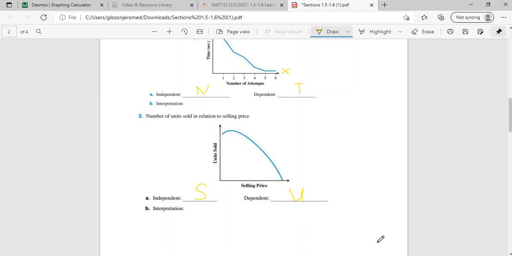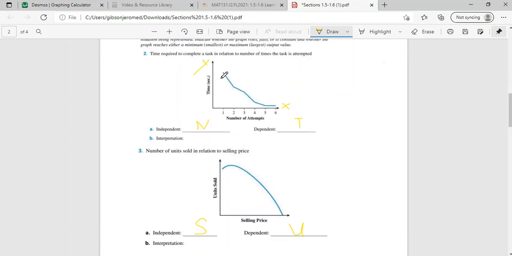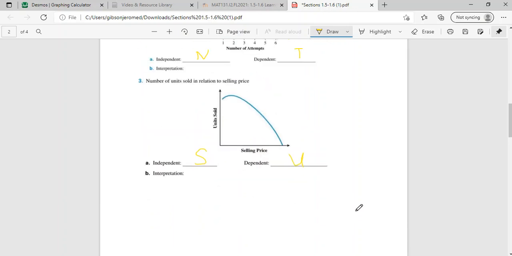Okay, now the interpretation. Now watch this. It's not as cut and dry as the first graph, because the top value is here and it's just going basically steady down. Here, this goes up and then it starts to go down. So we have to account for that in our interpretation.